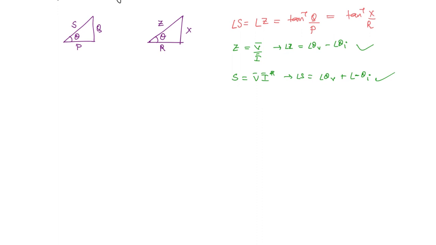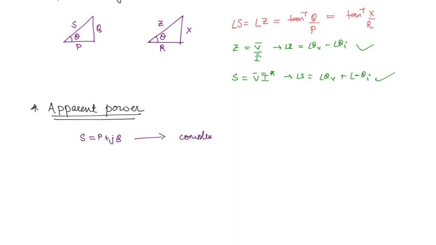Finally, one last point is the apparent power. What is the difference between apparent power and complex power? This is a major doubt that many of you might have had if you have not read the proper textbook. Okay, so we call S equal to P plus JQ. This is a complex number, right? It has a real and imaginary part, it has a magnitude and phase. So this is called the complex power.